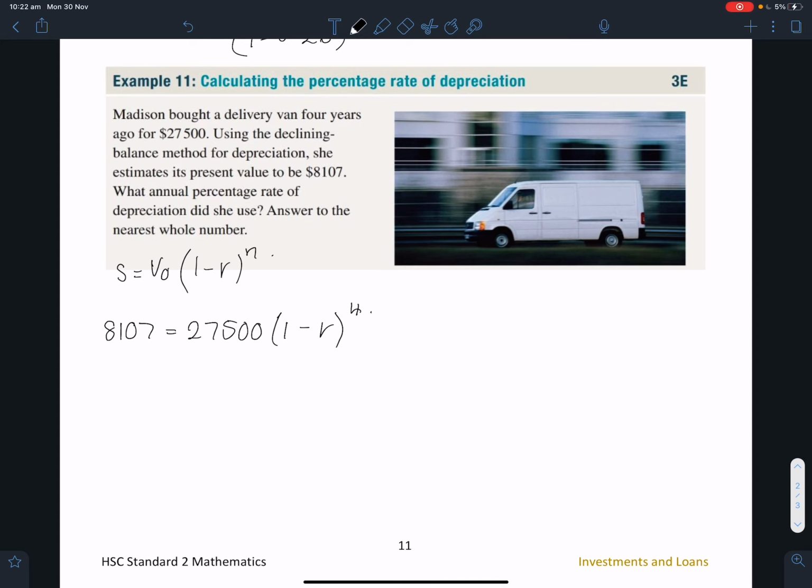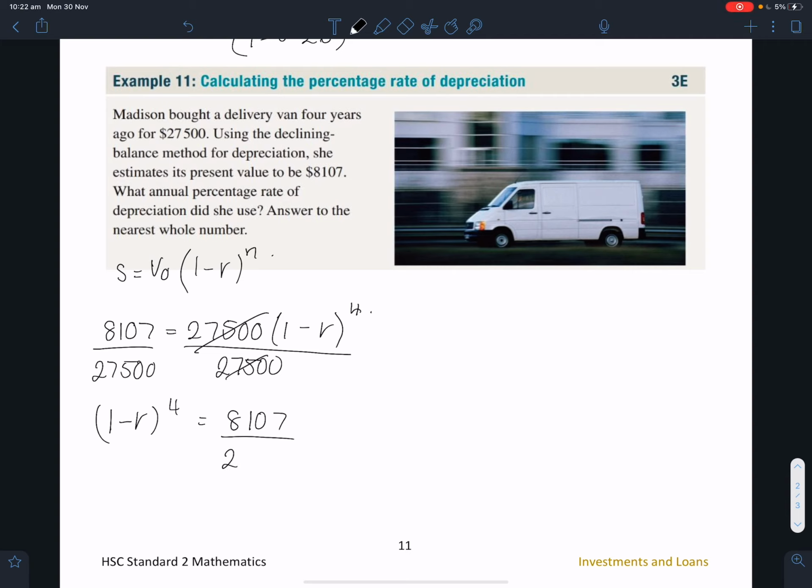The first step is to get rid of the 27,500. I'm trying to avoid the calculator as much as possible until the end. So that cancels that, so (1 minus r) to the power of 4 equals 8,107 over 27,500.